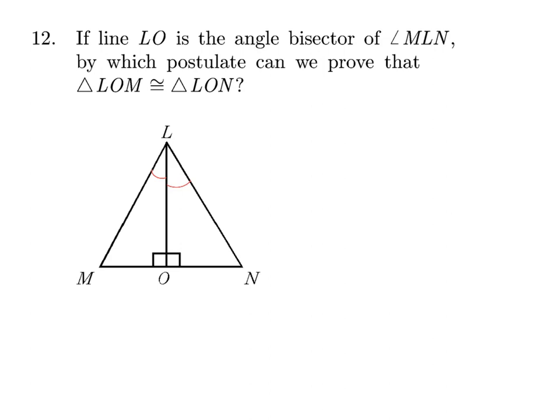I have right angles here are congruent. All right, then I know that both of the triangles share this side in common. So I can say that the triangles are congruent by A, S, A. All right, that's it.